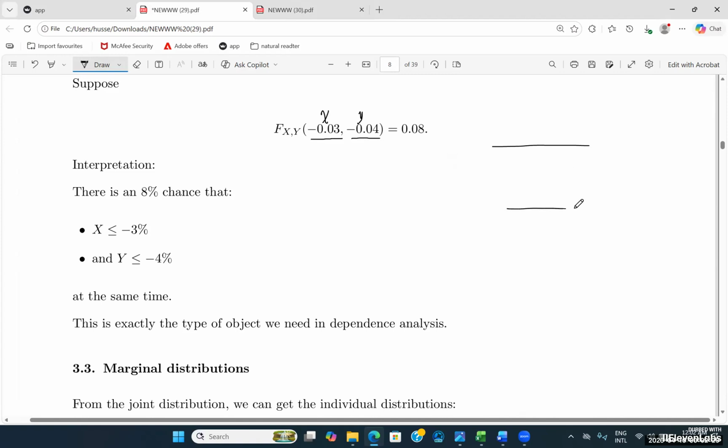To illustrate this concept, imagine we're dealing with two distinct variables, x and y. What we are essentially trying to determine here is the joint probability that both of these variables will fall below a specific threshold value simultaneously.